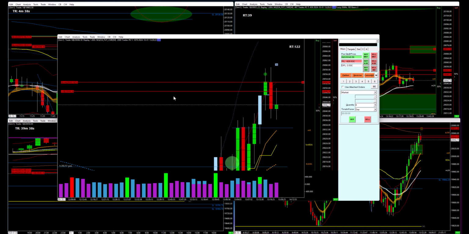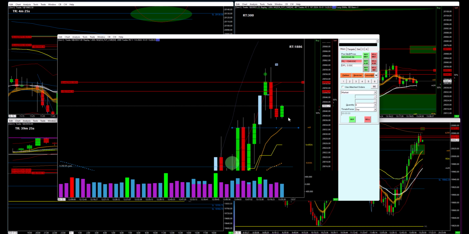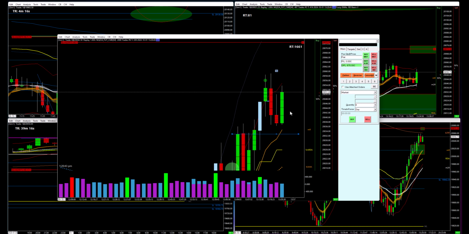Where's our line in the sand? So our line in the sand is going to be around 34 right here. Trampoline. Okay, we bailed on that.